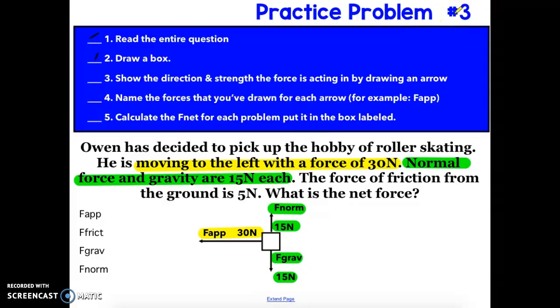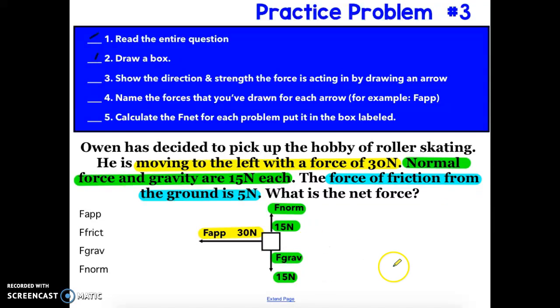Finally, it says the force of friction from the ground is 5 newtons. So that's the last part that I need to do on my free body diagram. And this is where some students get confused. Just because friction is coming from the ground doesn't mean you want to point it towards the ground. You want to think whichever direction something's moving, friction's going to be the opposite way.